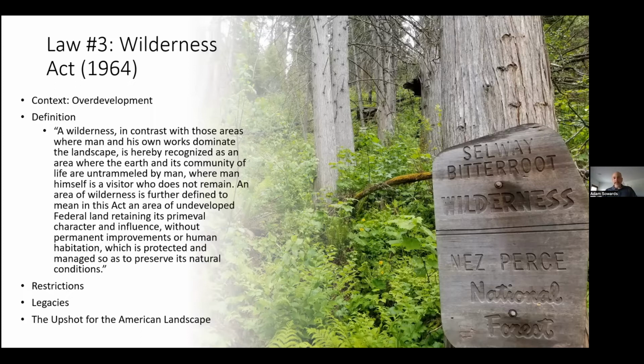And they did. It took a little time, but they did do that. And through most Congresses, not every single one, but the vast majority of Congresses since 1964, wilderness has been added to the system. And today we're up over 111 million acres in preserved wilderness.